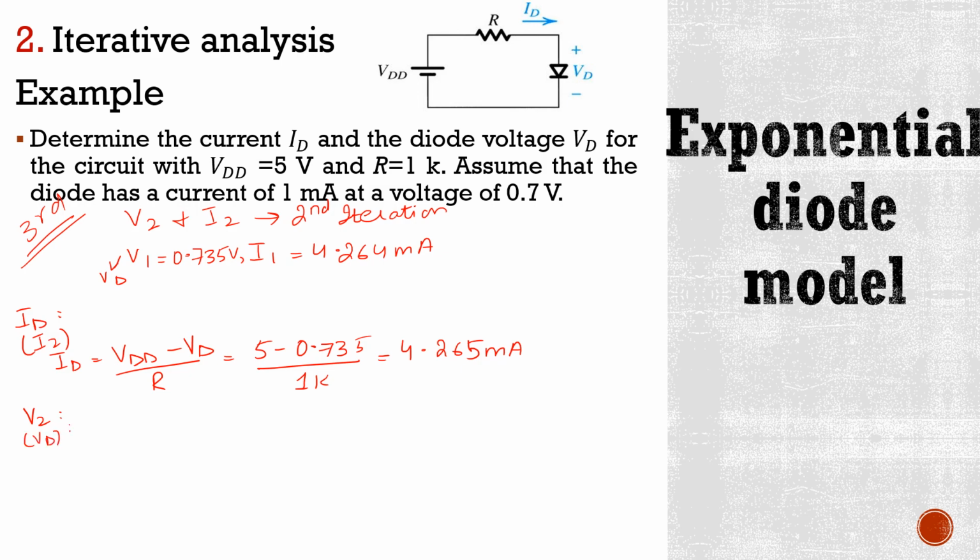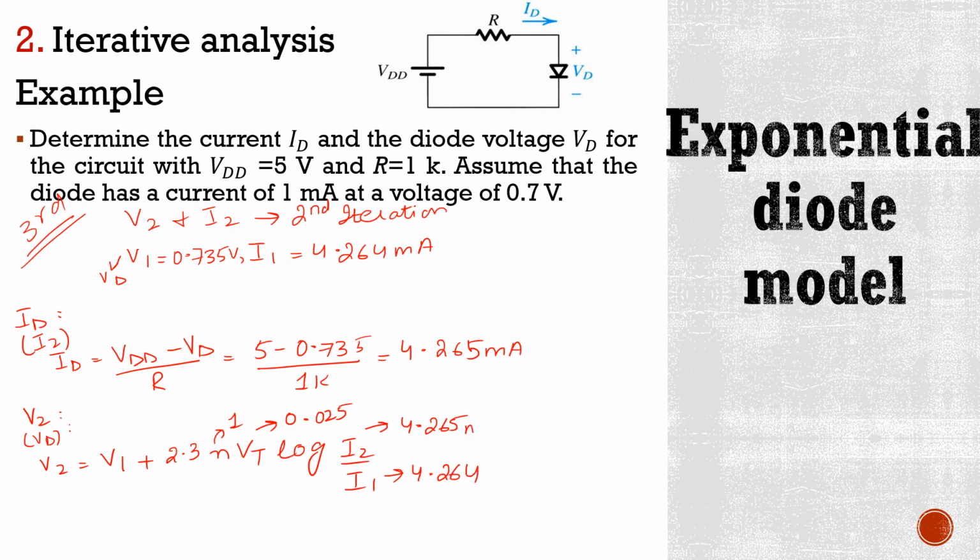Now we will find V2 or VD using this equation. V2 is equal to V1 plus 2.3 NVT log I2 divided by I1. We know that N is 1, VT is 0.025, I2 is 4.265 and I1 is 4.264 milli. Now V1 is 0.735.